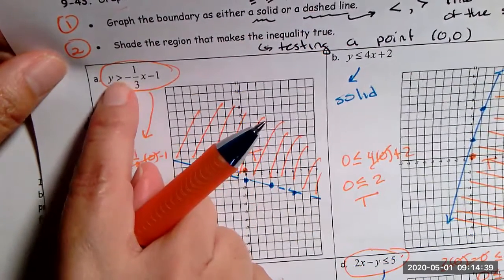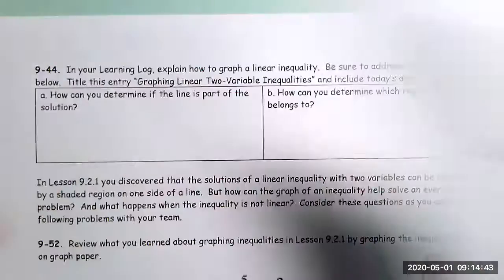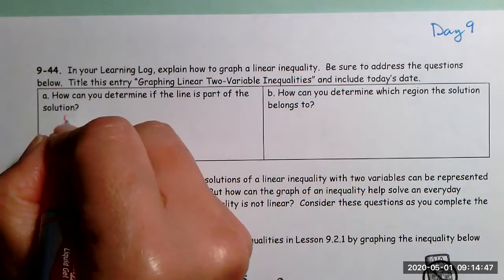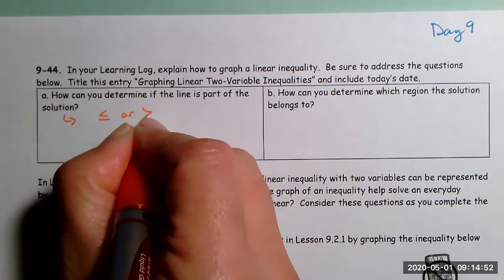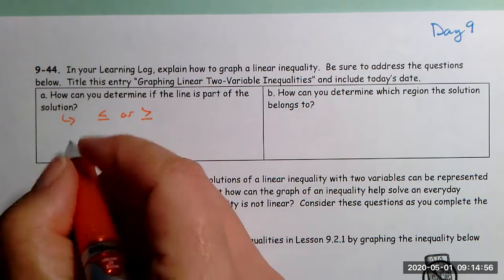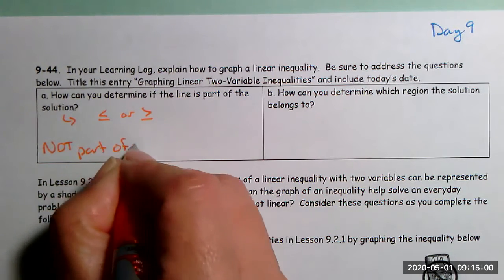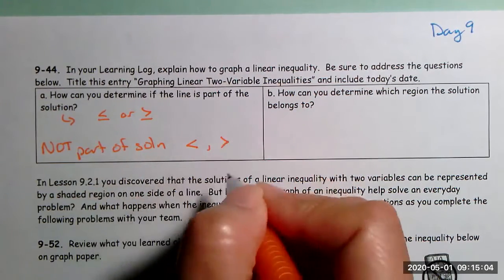Well, if it's that symbol, greater than, or if it's that symbol, less than. So how can you determine if a line is part of the solution? It's part of the solution if it's less than or equal to or greater than or equal to, right? Because that means that it's going to include the line. It's not part of the solution if it's just a strict less than or a strict greater than.